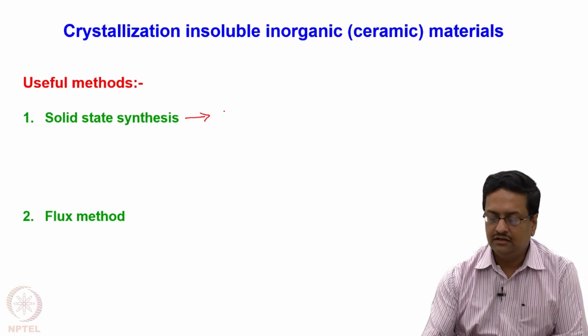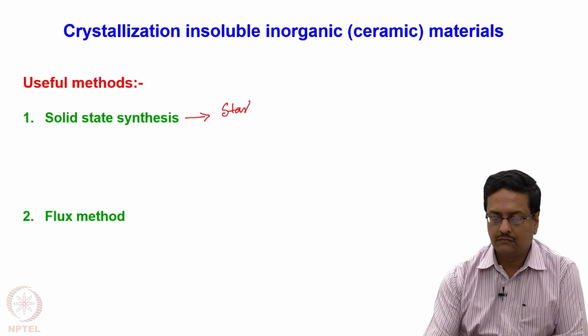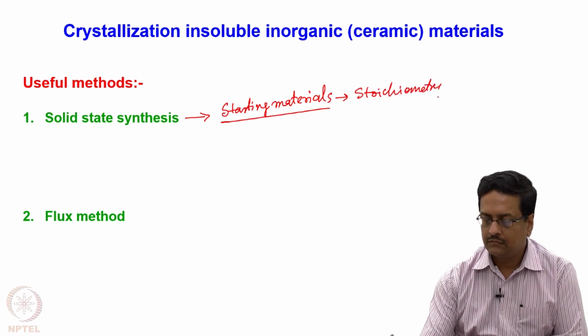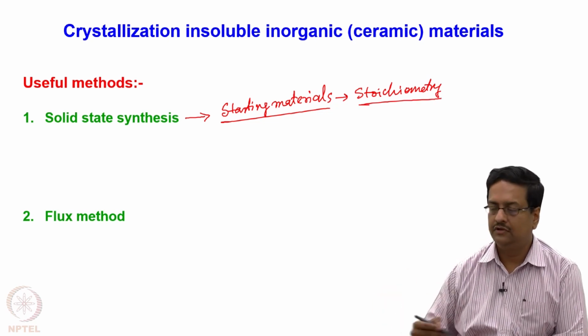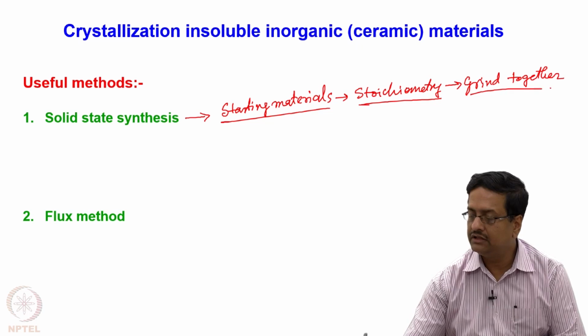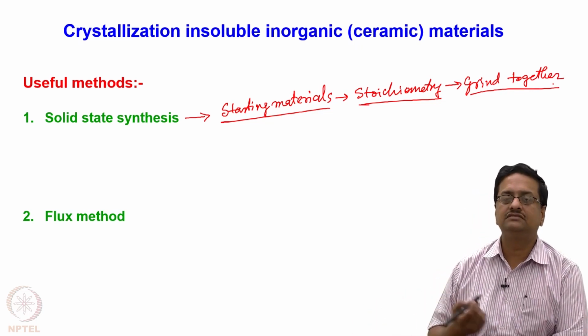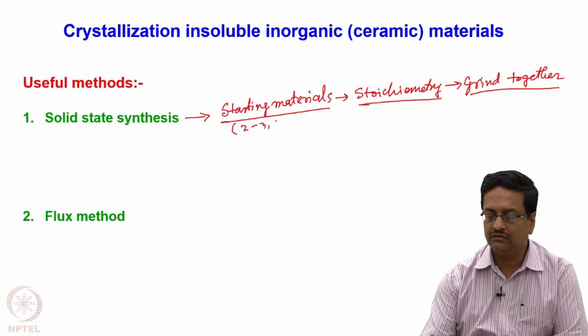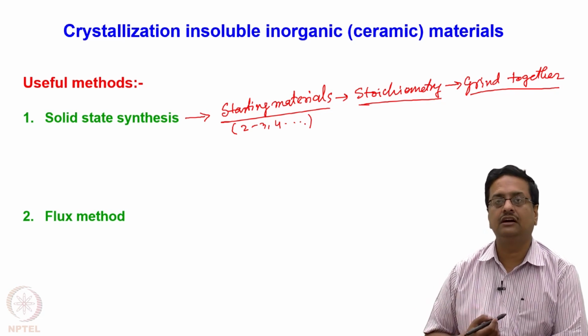You take the starting materials in a given stoichiometry, and then grind them together to make a uniform mixture of the starting materials. These starting materials can be 2, 3 or 4 or whatever number of independent compounds.